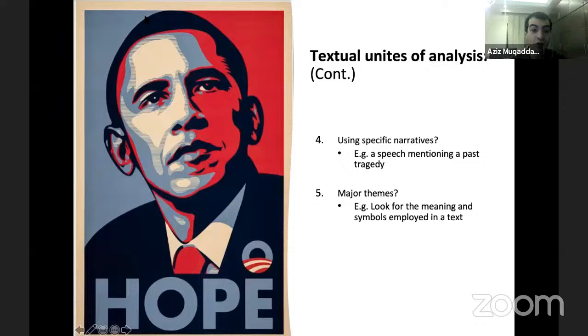Then you can also look into the specific use of a narrative within the text. For example, let's say we're analyzing speeches: to what extent do political speeches invoke past tragedies, whether natural disasters, terrorist attacks, or pandemics?